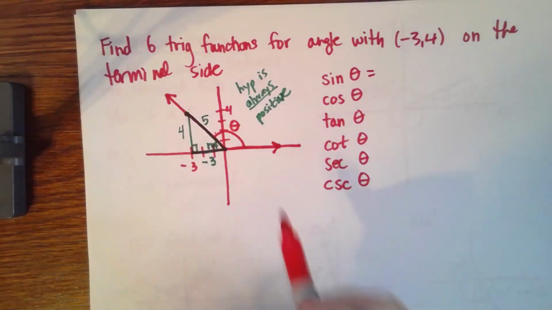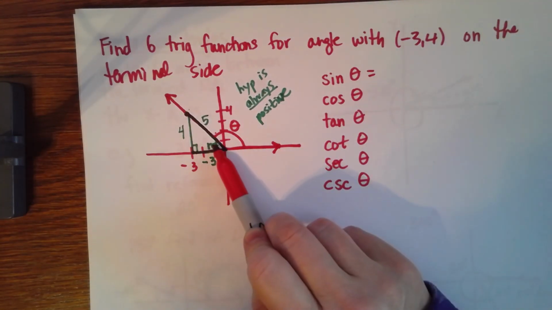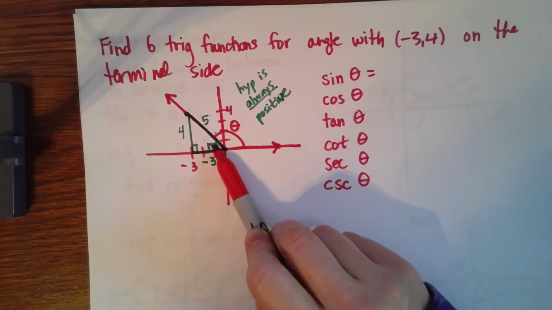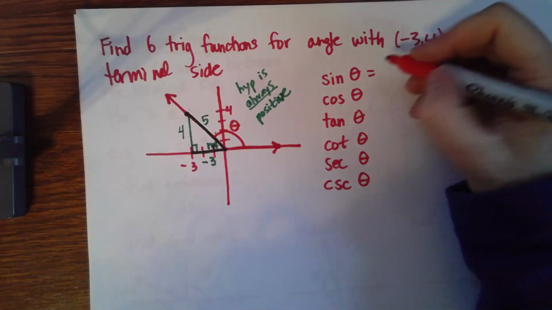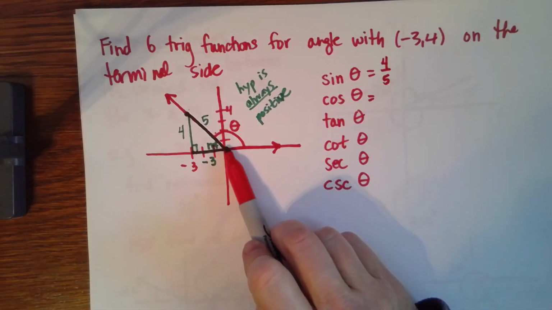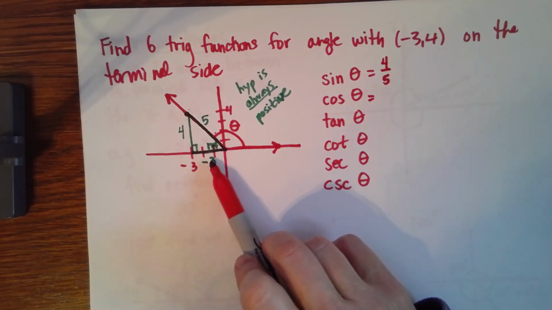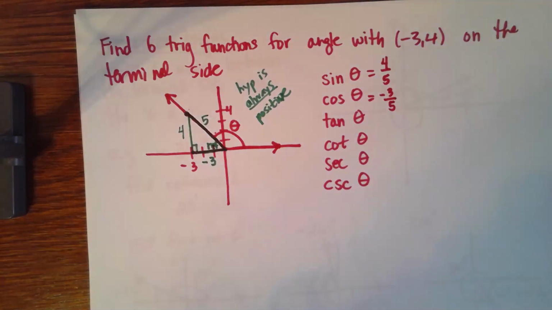So sine of theta will be the same as the sine of the reference angle in the green triangle that I drew, which is going to be opposite 4 over hypotenuse 5. So this will be 4/5. The cosine will be adjacent -3 over hypotenuse of 5.